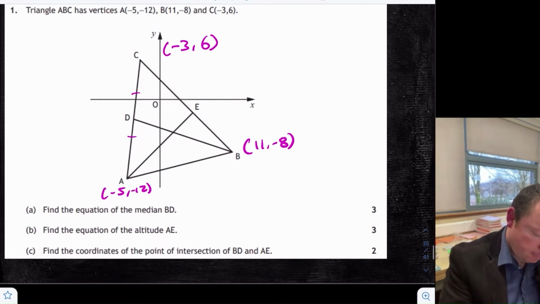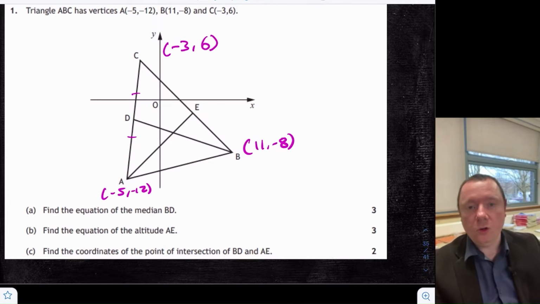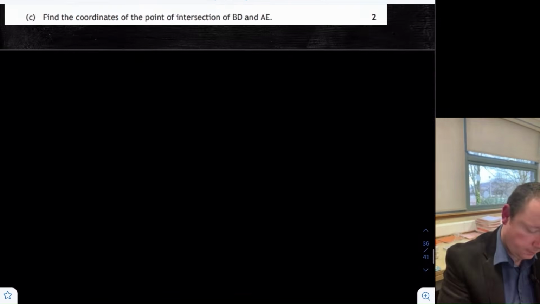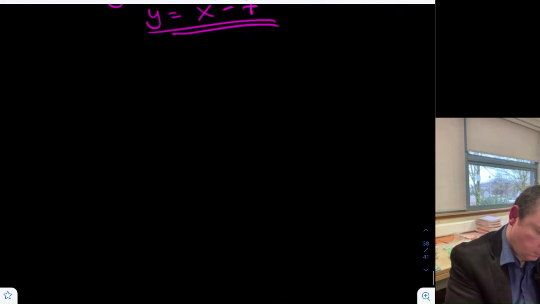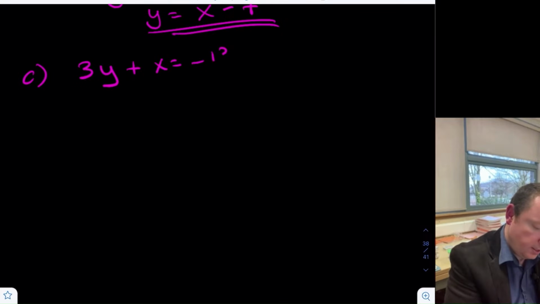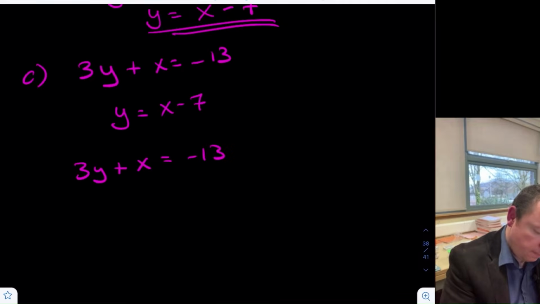Part C, find the coordinates of intersection. So we've got two equations, solve them simultaneously. Our first equation was 3y plus x is equal to -13, and our second equation was y equals x minus 7. So making them both look the same, I'll have 3y plus x equals -13, and I'll have y minus x equals -7.